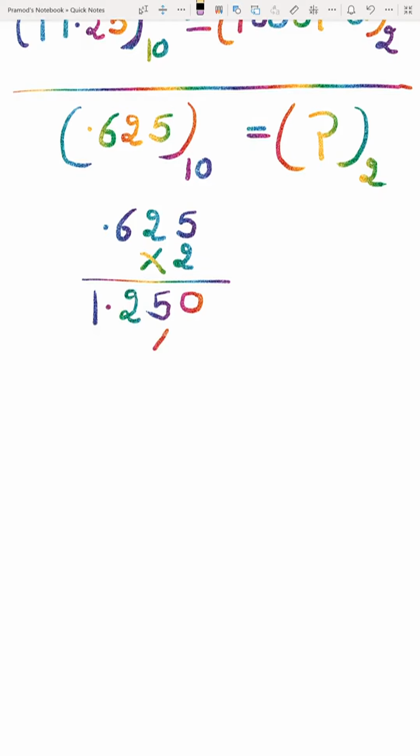After that you again multiply by 2. 2 0s are 0, 2 5s are 10, 2 2s are 4 and 1 is 5, nothing is left, then you write down 0 here. Then again you multiply by 2.